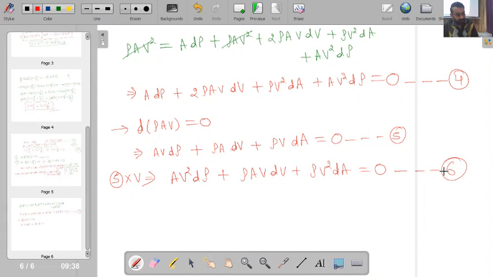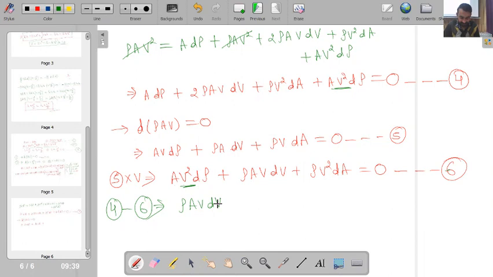Say this is my equation number 6. Now what I will do is 4 minus 6. If I do equation 4 minus 6, what will I get? AV square d rho will cancel. Then rho AV dV and 2 rho AV dV: this minus this will become 1 rho AV dV.